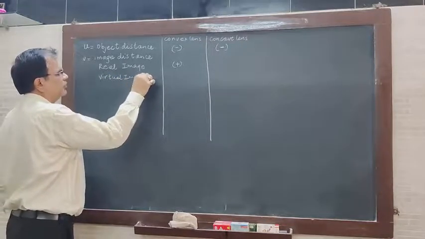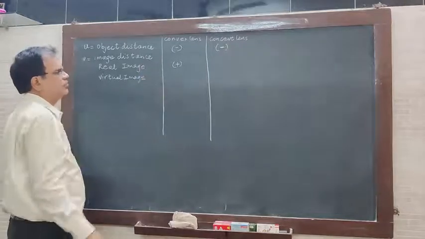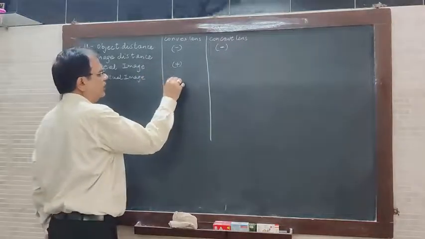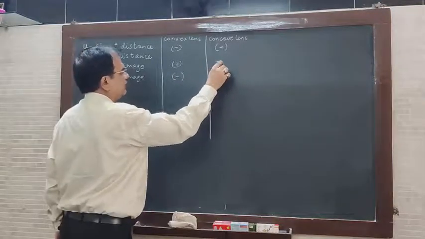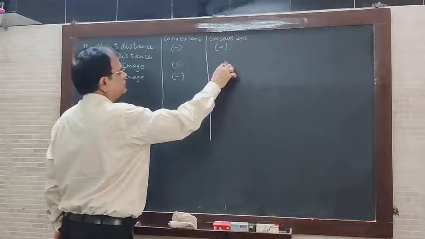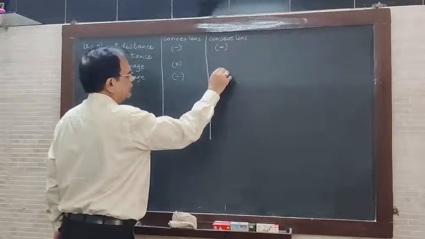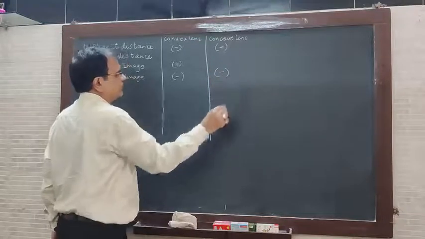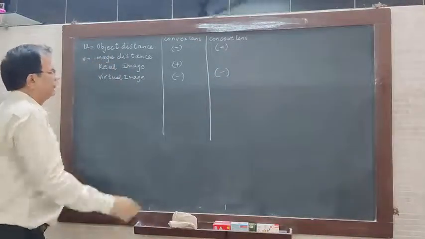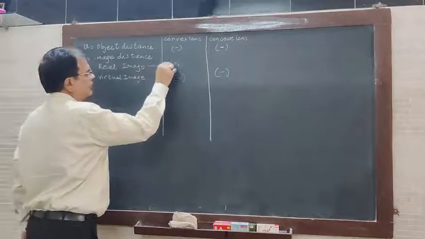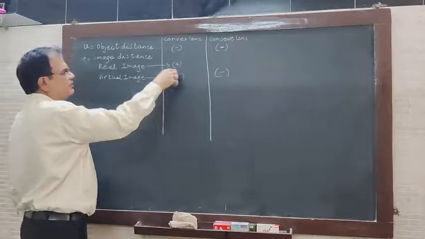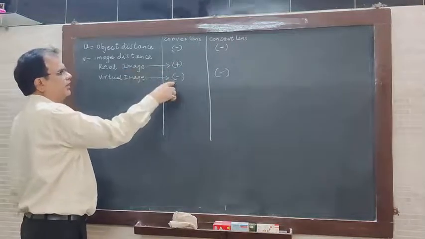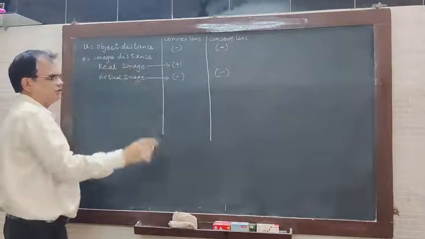Real image is on the other side of the lens, so it is positive, and virtual image is negative. Concave lens you never get a real image, so you always get a virtual image, so it is always negative. So if you get a positive answer, it is a real image. If you get a negative answer, it is a virtual image.